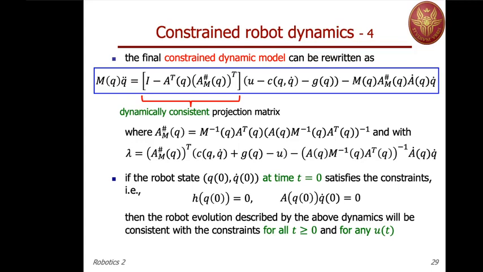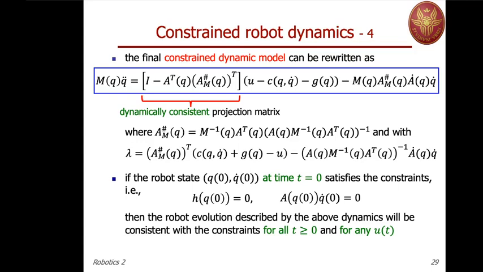But if the initial velocity q dot of 0 is different from 0, it should also satisfy the fact that h dot is equal to 0, which means that the Jacobian of the constraint A evaluated in the configuration at time 0 times this velocity of the robot's joints q dot should be equal to 0.